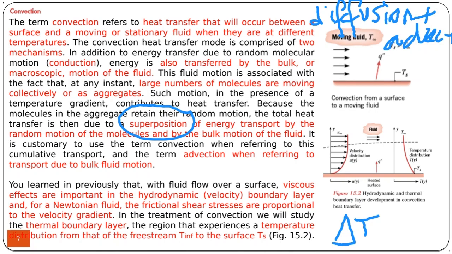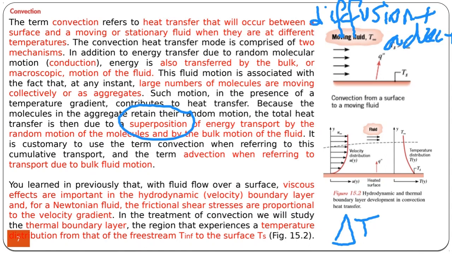So when we talk about convection, it's not only because of the fluid motion, but also the diffusion, which is the molecular level heat transfer or conduction, also takes place.